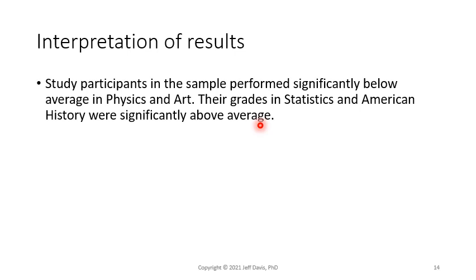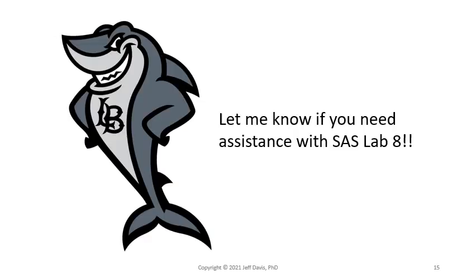Well, maybe we want to push this group of students, if they're thinking about physics and art as majors, towards statistics and American history. Remember, we're doing all this to help us make a decision about something, whether it's the quality of our data or what would be the best action to take in some situation.